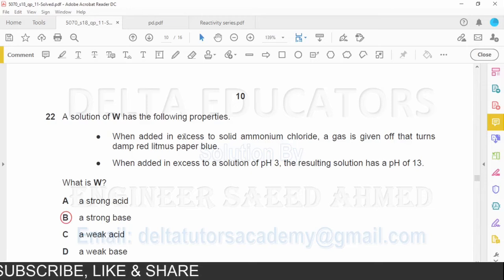When we add this W to this acidic solution, we get a solution whose pH is 13, meaning it is a strong base. So the W that reacted with this strong acid should be a strong base, and a strong base is given in option B. So the correct option is option B.